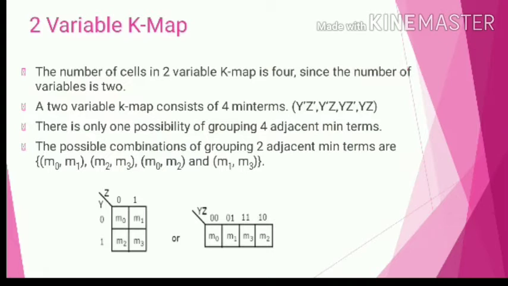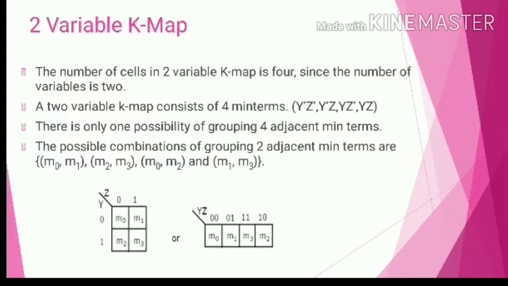Then see the second row, first column, m2: y is 1, z is 0, so y z dash. Then second row, last column is 1 1, y is 1, z is 1, so y z. In this way, in two variables, we can form the 4 minterms: y dash z dash, y dash z, y z dash, y z.